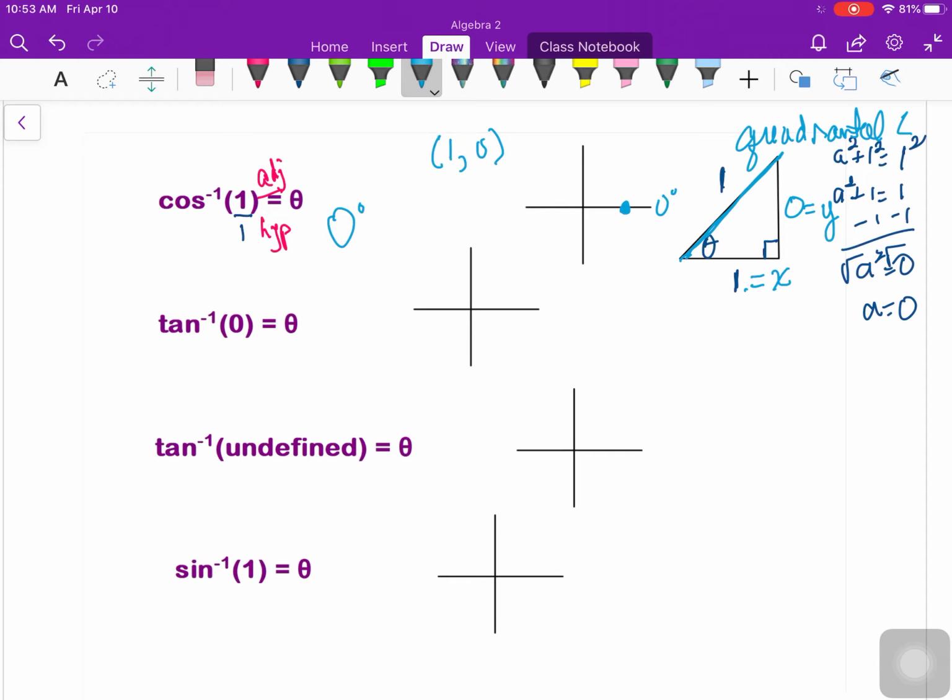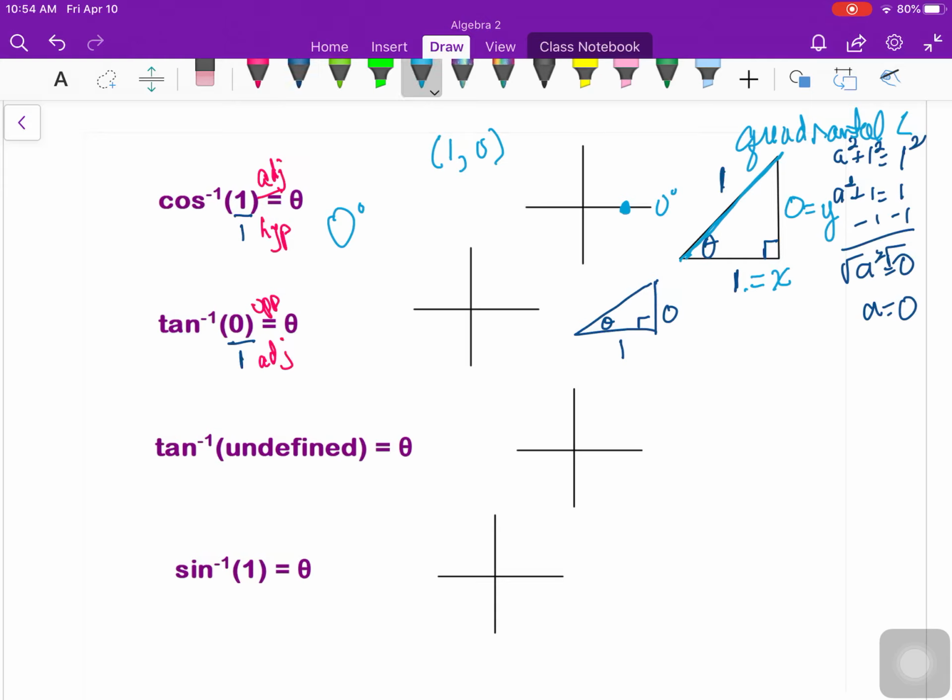Let's try tangent inverse of 0. It always has to be a ratio here. So 0 over 1. So I already see that when I do my triangle, my theta is here. Tangent is opposite over adjacent. So opposite my theta is 0. Adjacent to it is 1.